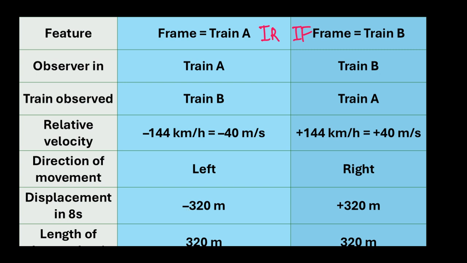Whereas when the observer was in train B, observing train A, the overall direction of relative velocity is plus 40 meters per second, plus being towards the right, and therefore the net direction of movement as seen by the observer would be towards the right, and therefore displacement would be positive. And in both the cases, length of train B, right? In both cases, length is a scalar quantity which would demand the magnitude of this, giving the answer as 320 meters.